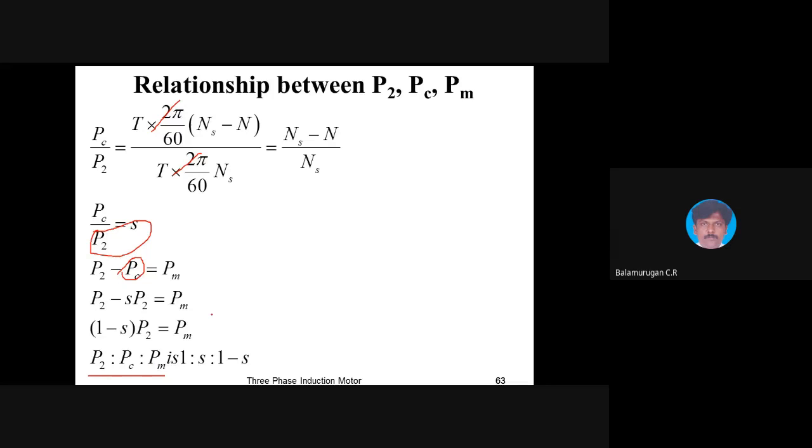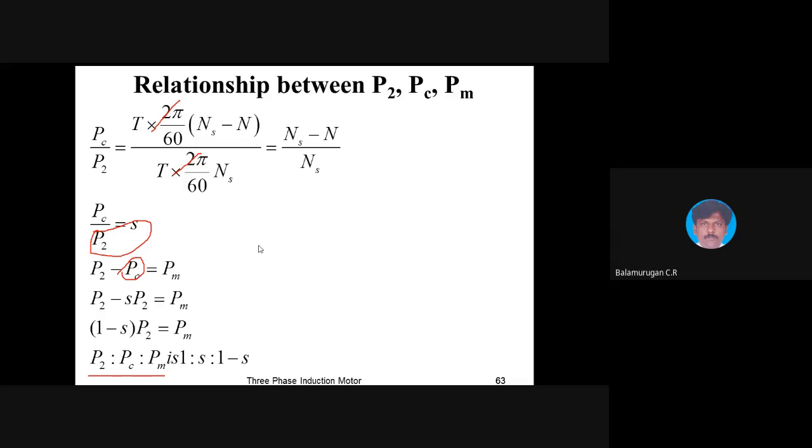Then, suppose for this equation, P2 is to PC is to PM. What is the P2 value in terms of slip? You substitute all the values. You can see the board, this is the final expression we are going to consider: P2 is to PM is to PCU.